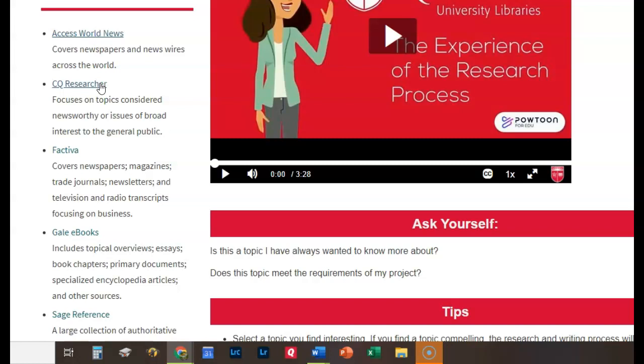And so they have a number of articles available on issues that offer extensive background information as well as reading lists. Factiva is Dow Jones, so that's the Wall Street Journal, plus a lot of other business-related documentation.